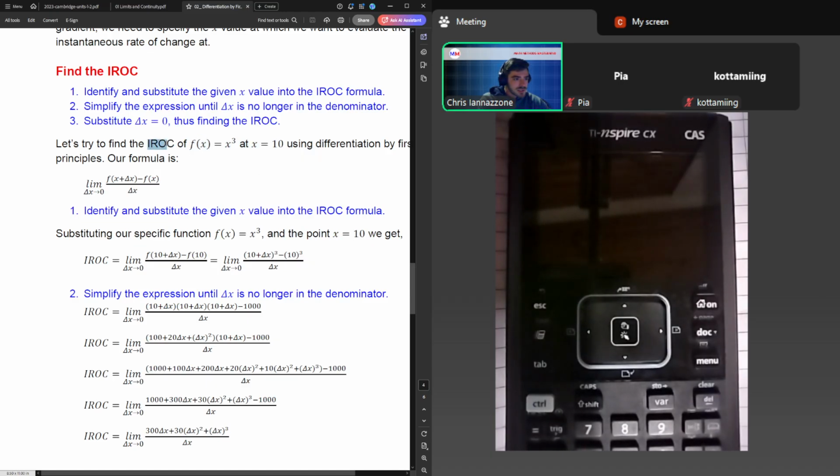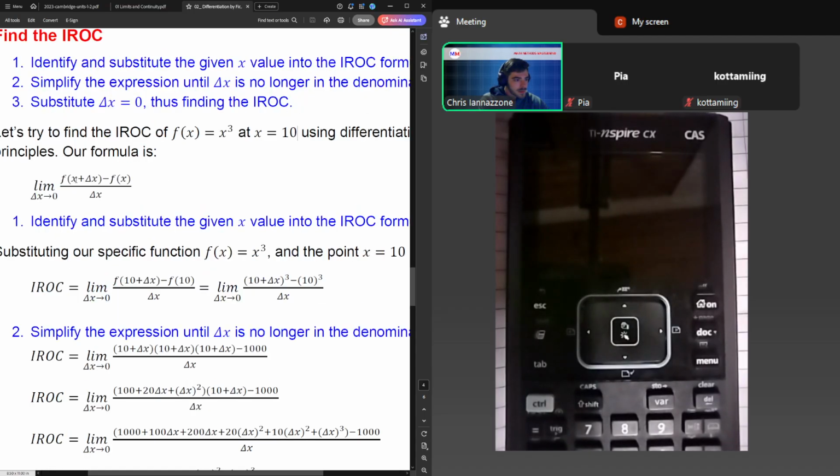We want to find the instantaneous rate of change of this function at x equals 10. So when we use our instantaneous rate of change equation, f of x plus delta x, well, f of x regular is just x cubed, and x is 10. So everywhere that you see x, you're going to replace with 10, and everywhere that you see f of something, you're going to stick a cube on that thing.